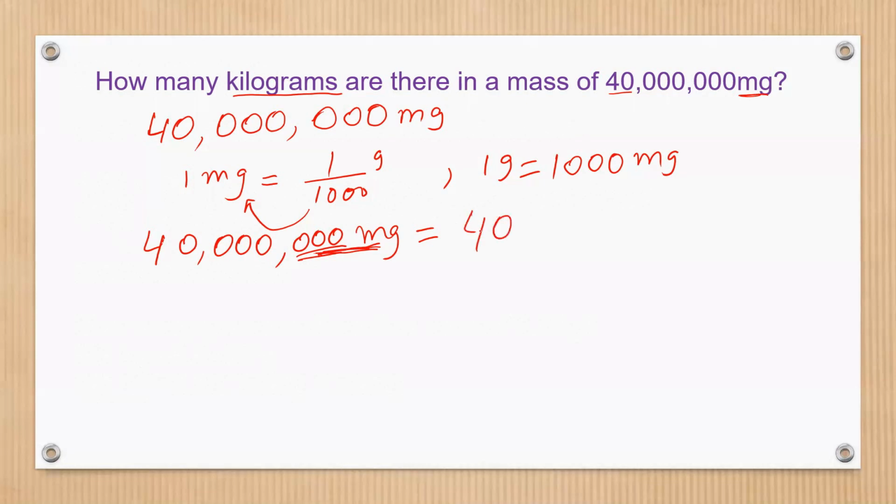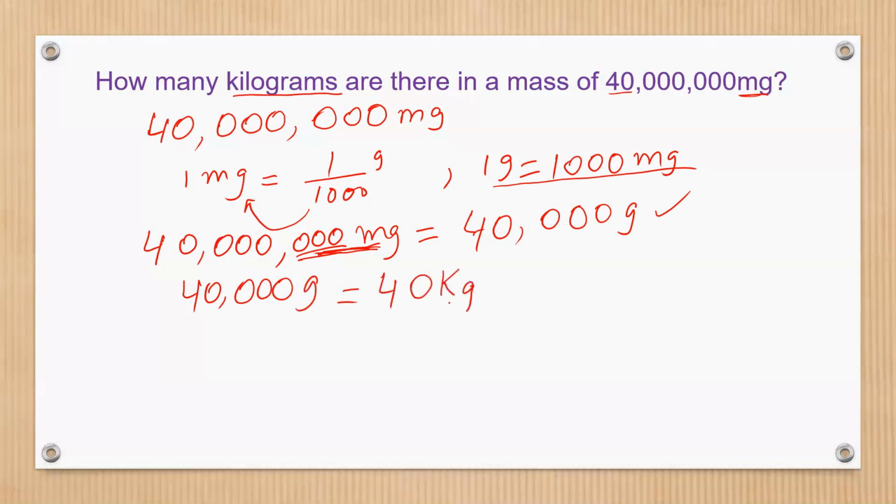So that will be only 40,000 gram now, according to this conversion. Now I change from milligram to gram. Now I can change from gram to kilogram. So 40,000 gram equals 40 kilogram. Simple. Why? 1,000 gram equals 1 kilogram. So simply we can change into 40 here.